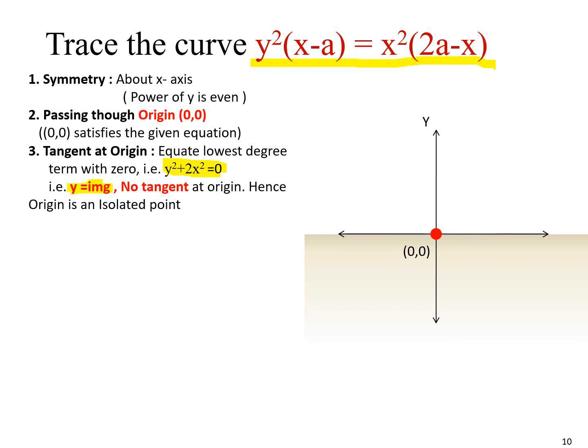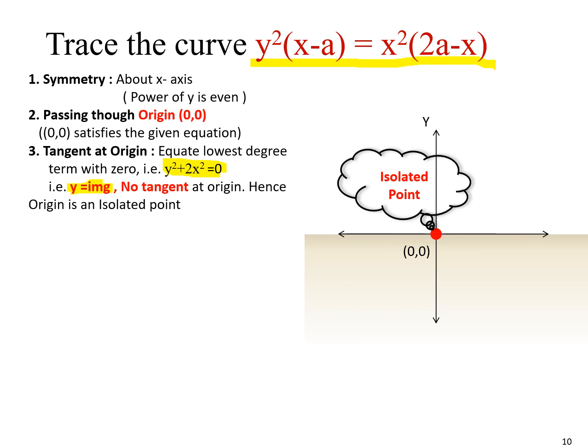That means the curve is not passing through that point. I already told you, if this is the case, then this point is called an isolated point. So this is part of the curve, and it is essential to draw this point, but your curve will not pass through it. How it will be, I will discuss when we draw our curve.